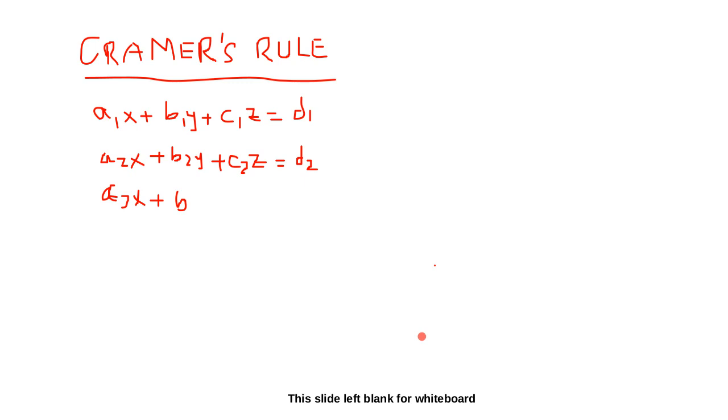Now, in our previous way of solving the matrix equation, what we would have done was to get the minor for A1.